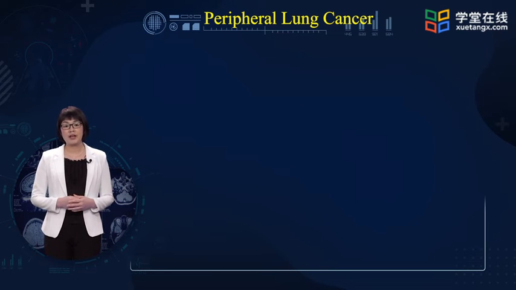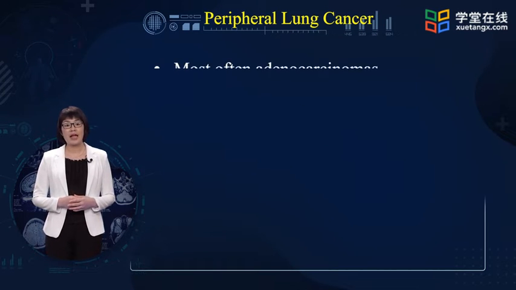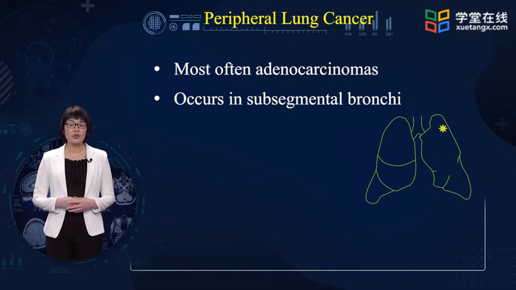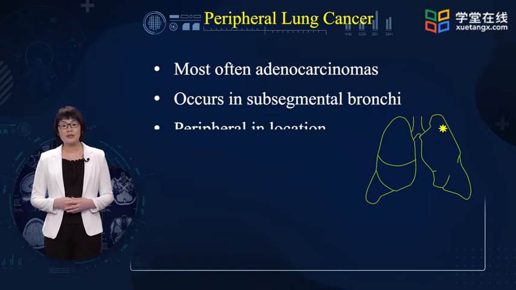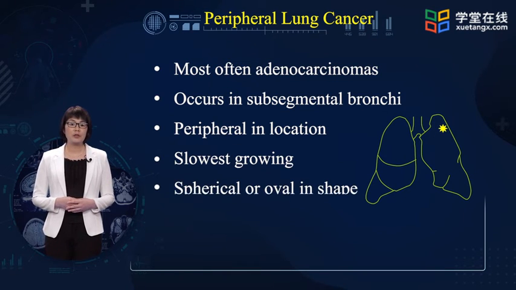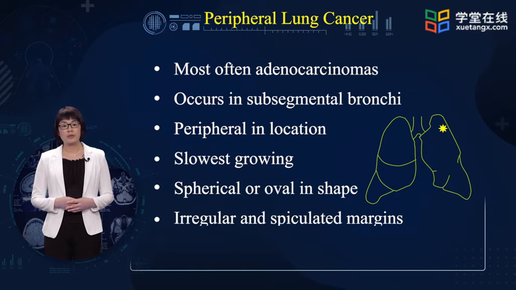Peripheral types of lung cancers are most often adenocarcinoma. They occur in subsegmental bronchi, localized peripherally, and are slow growing. The majority of peripheral lung cancers are round or oval in shape and have irregular and spiculated margins.